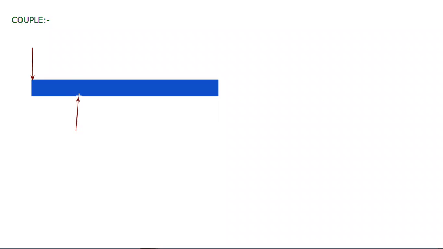For couple, we have seen the 5 characteristics of couple in our previous lecture. So let's suppose that the distance between these two forces is given, and that distance will be equal to 1.5 meter. This is the numerical that we have to continue from our last lecture.